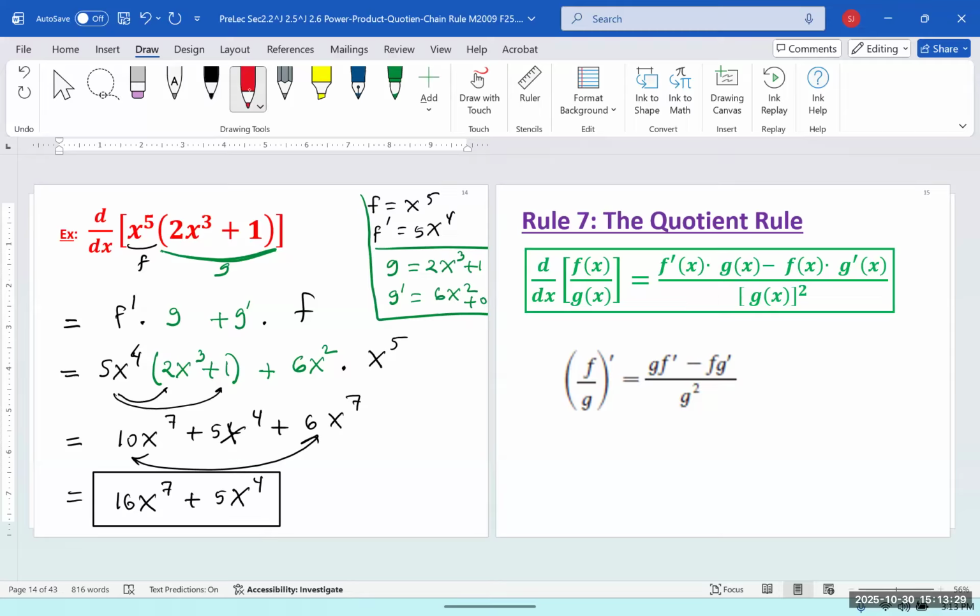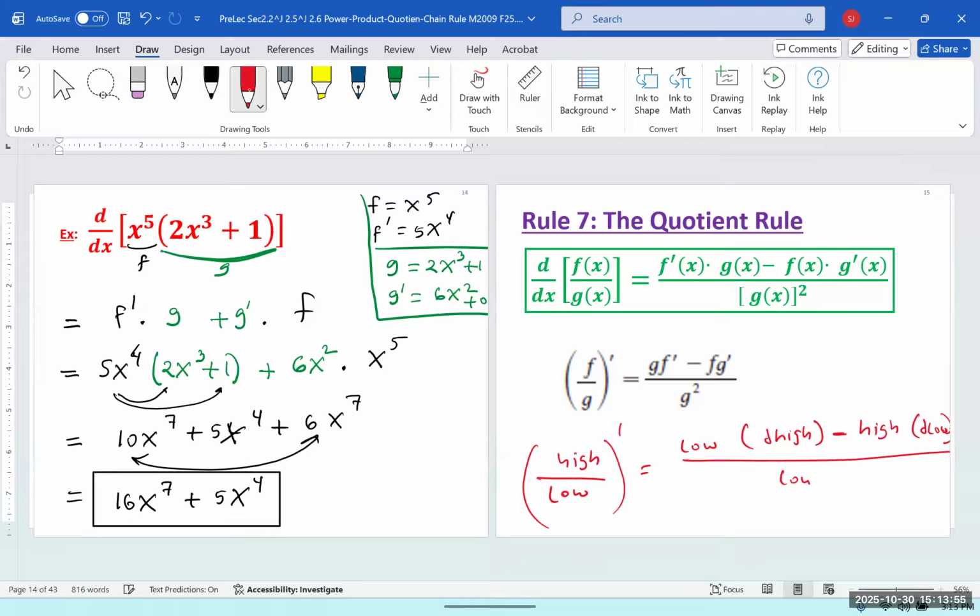There is an expression actually many people use. Let's say this is your low, meaning the denominator, and this is your high, meaning the numerator. Then its derivative is an expression: low d high minus high d low divided by low square. This is the expression. What does that mean?